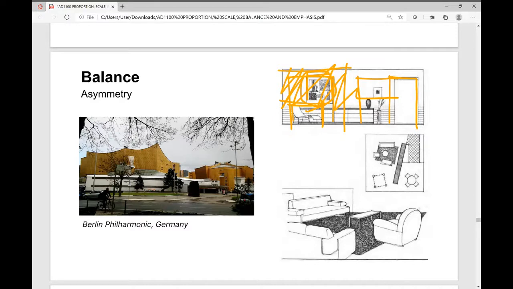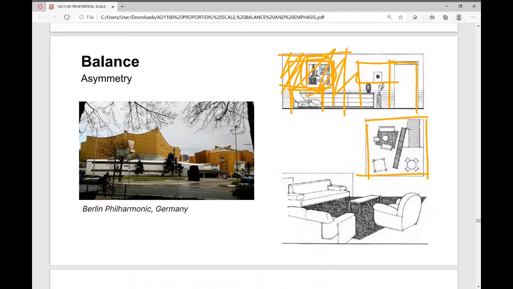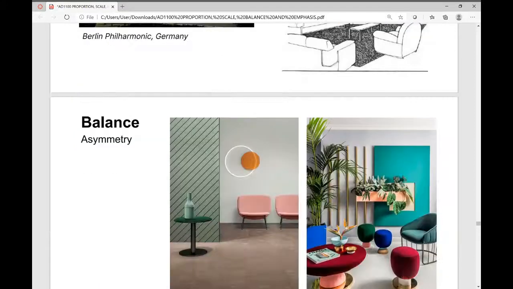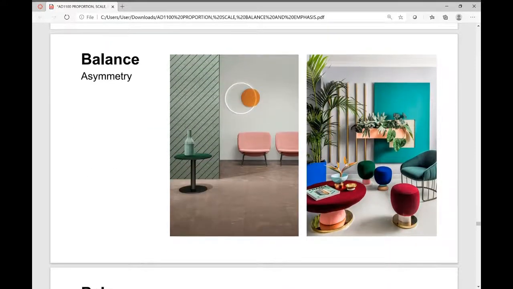So especially for planning and floor plans, it's a good practice to hone the talent of asymmetrical balance. This is very prevalent in visual merchandising and large architectural installations, even in interior design.